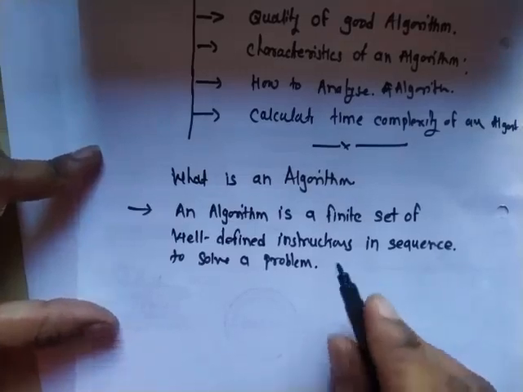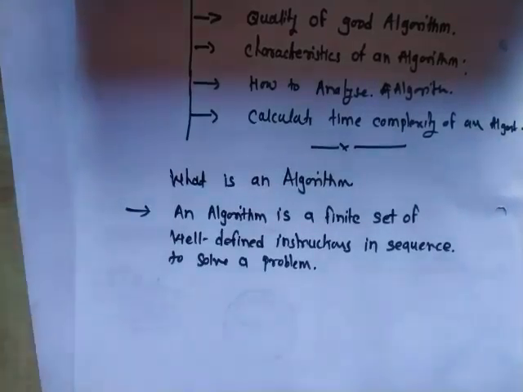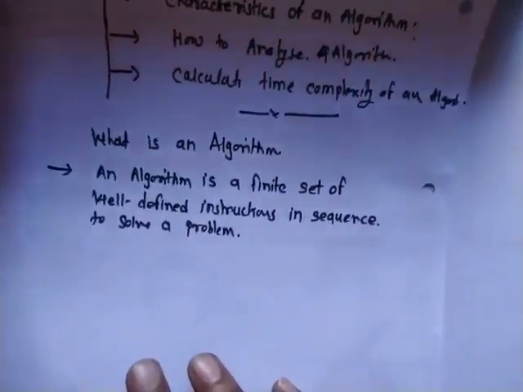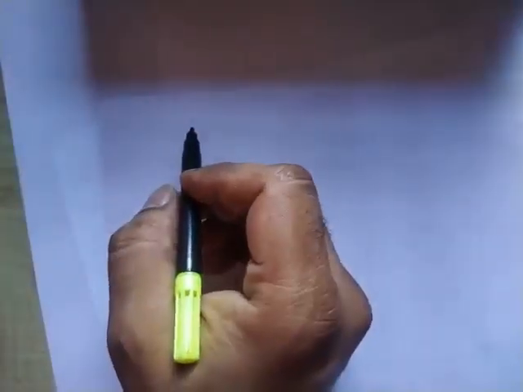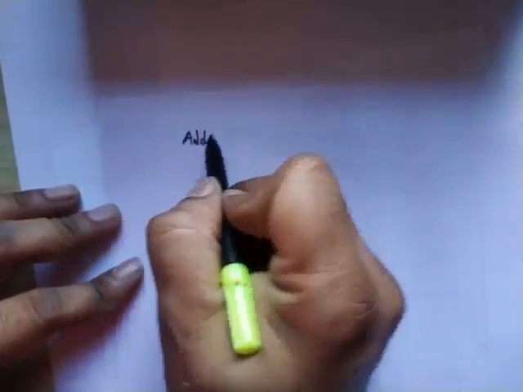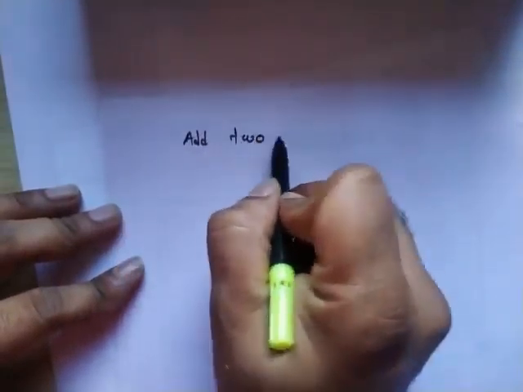Okay, let's see an example of how to write an algorithm. Now we are going to write an algorithm to add two numbers.